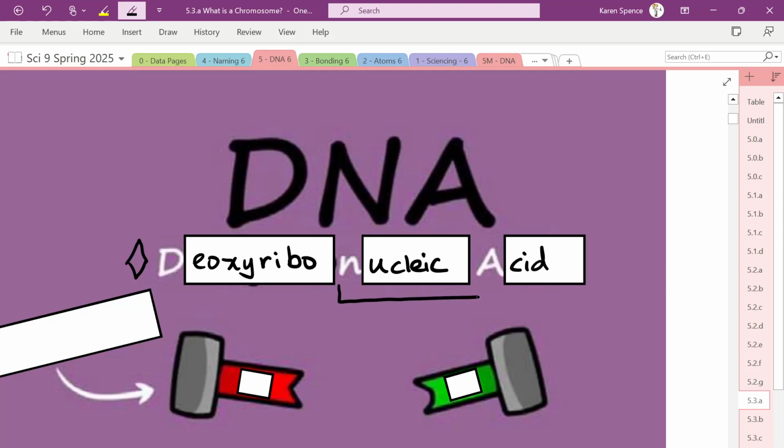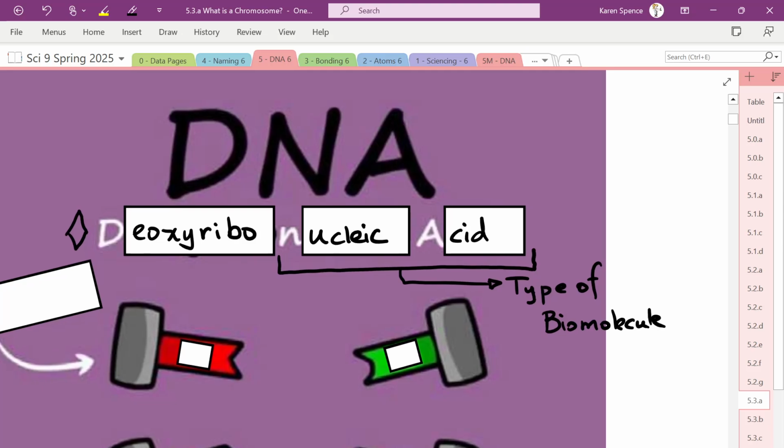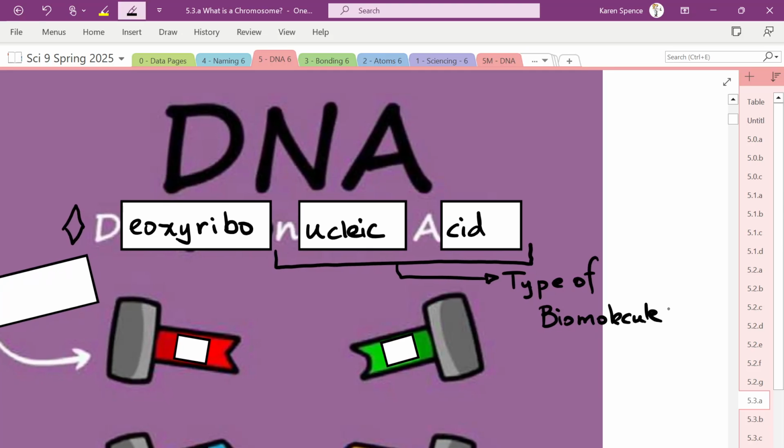A nucleic acid is a type of biomolecule, yes. Okay, so that's one of the things that's going to be on Monday's quiz.